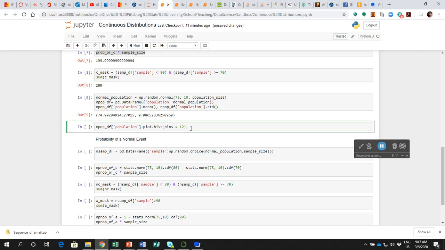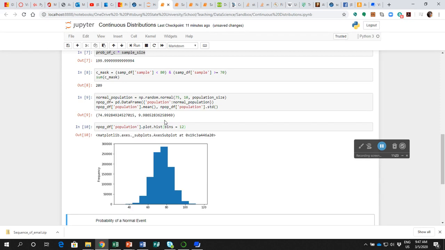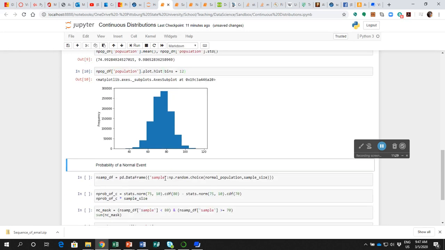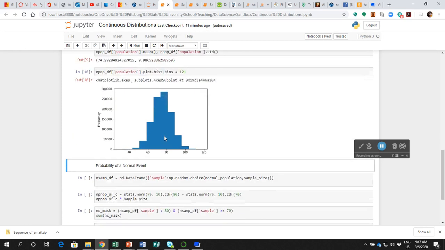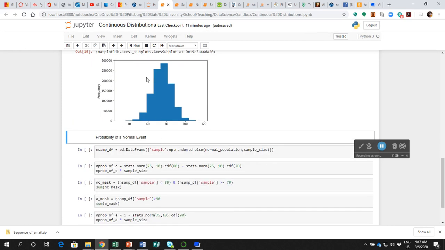Let's see how this is distributed. I'm going to plot a histogram. I'm going to set the number of bins equal to 12 to show you how it curves. And so, yeah, my population data curves like a bell curve. I had wanted it to be normally distributed, and it is in fact normally distributed.